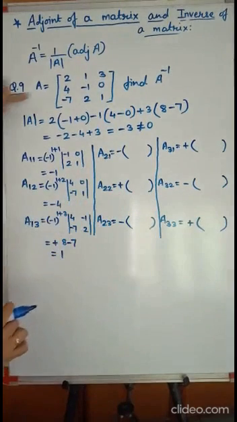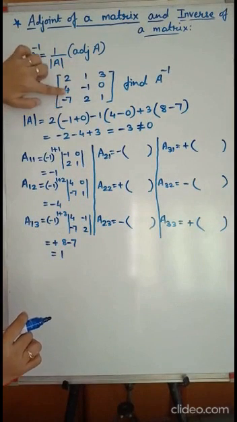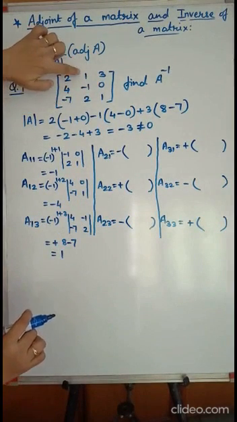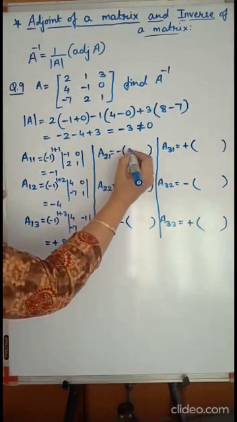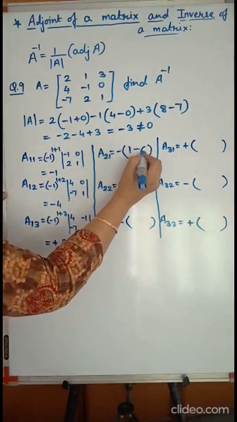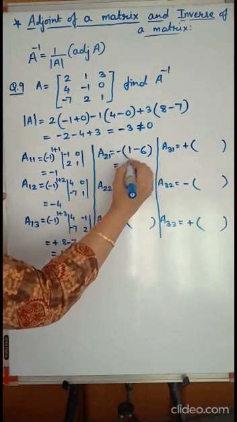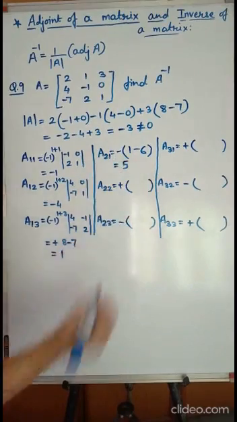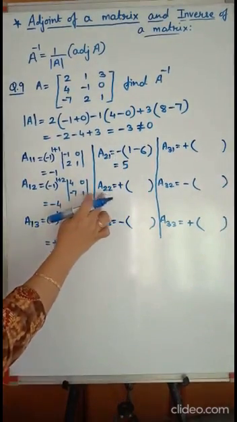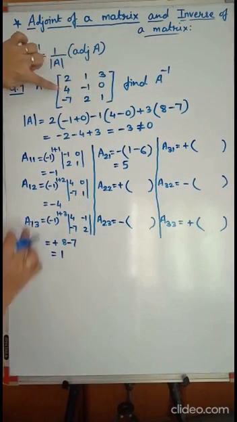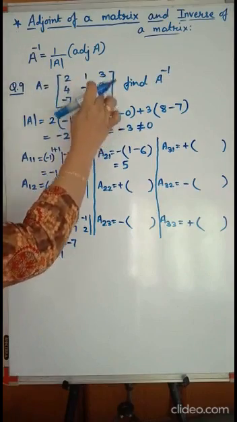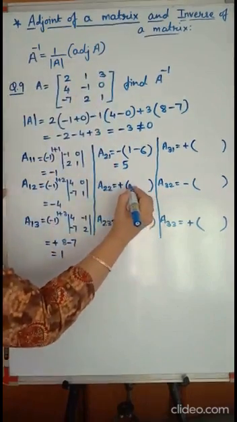Now what is A21 means this? You need to find the minor of this. It is 1 1s are 1 minus 6. So I'll write here 1 minus 6. So this will be minus 5, is plus 5. What is A22? A22 means this. You cancel this, you cancel this, you will get 2 plus 21.